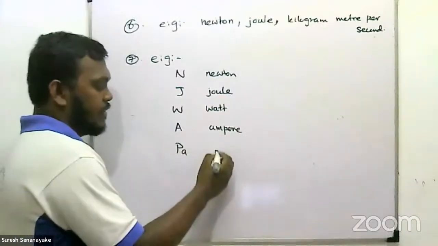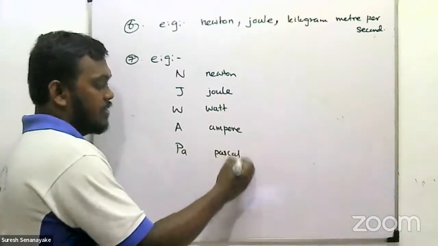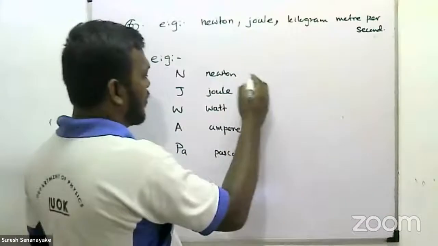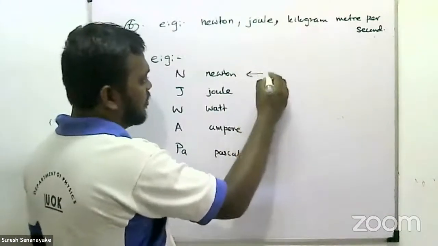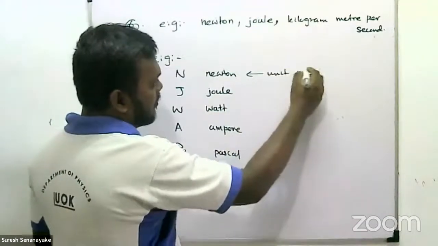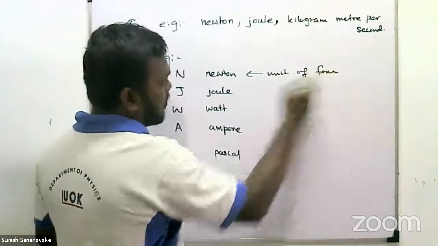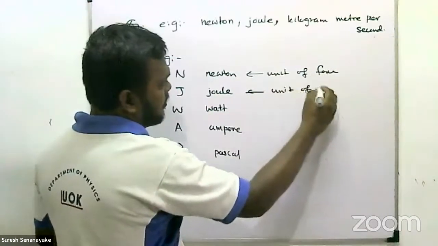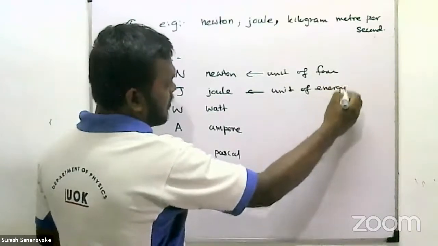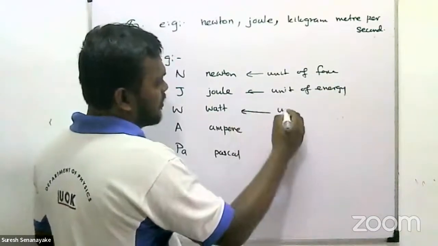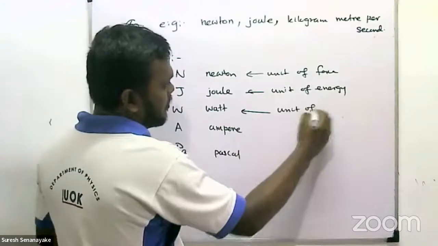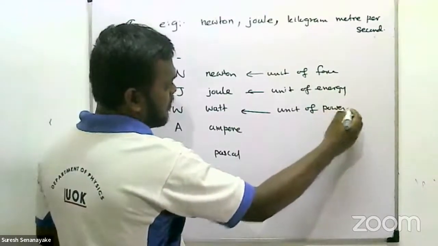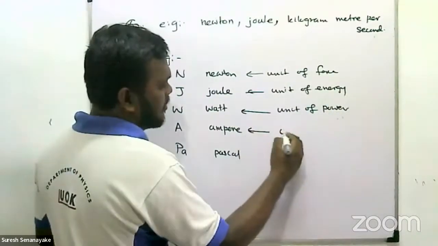Examples. There are so many; I'm writing only these. This is a unit of force. This is a unit of energy. This is a unit of power. This is a unit of current.